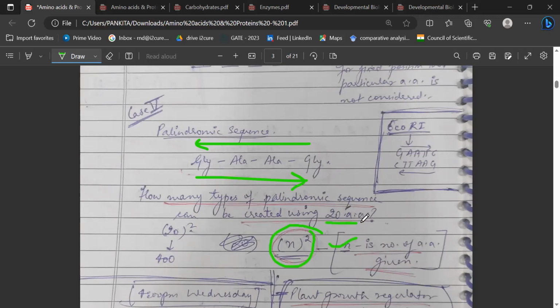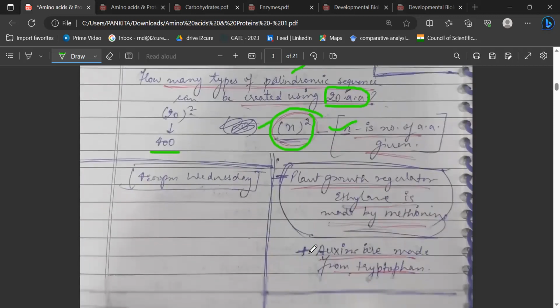So in case we are asked how many palindromic sequences can be created using 20 amino acids altogether, the answer will be 20 raised to the power 2, that means 400. So we can create 400 palindromic sequences using 20 amino acids. We have calculated that using the formula n squared.